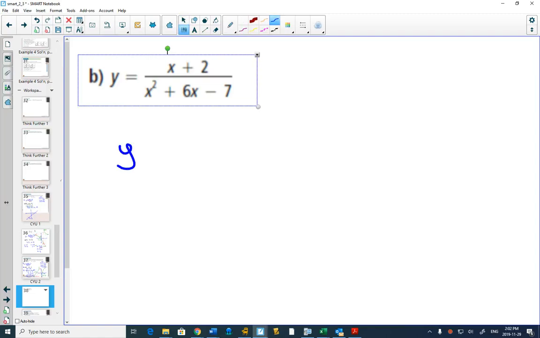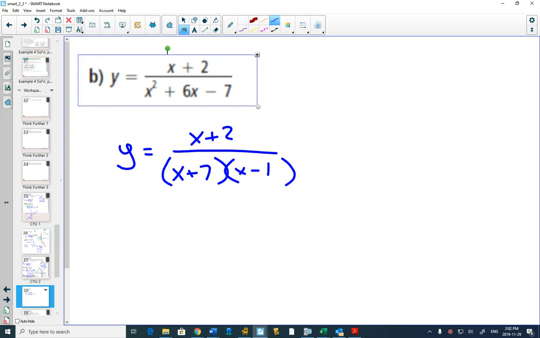Question number 2. It's the same numbers, so the factoring is easy. X plus 2 over x plus 7, x minus 1. Factoring's the same.